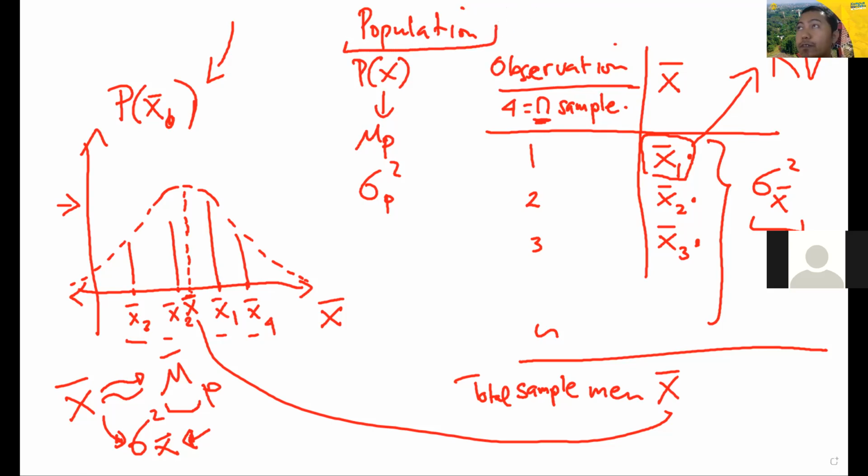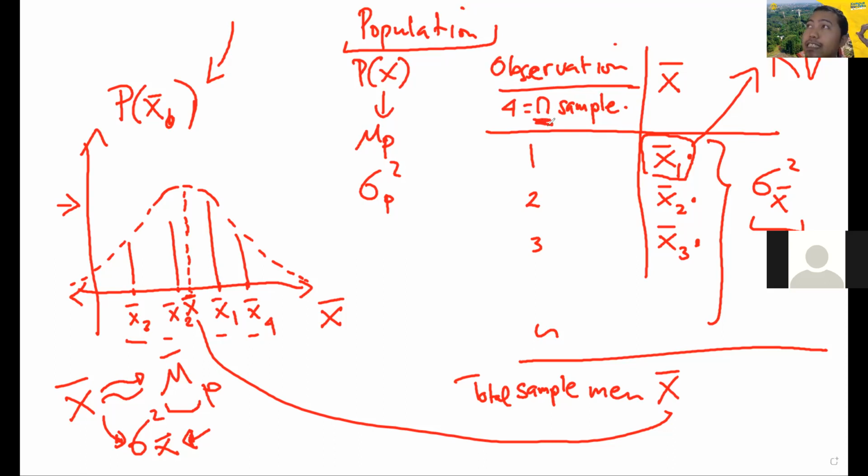We totally don't know the probability distribution of the population. Because we don't know, we want to know at least the mean or the variance of the population, and then we can make observations.